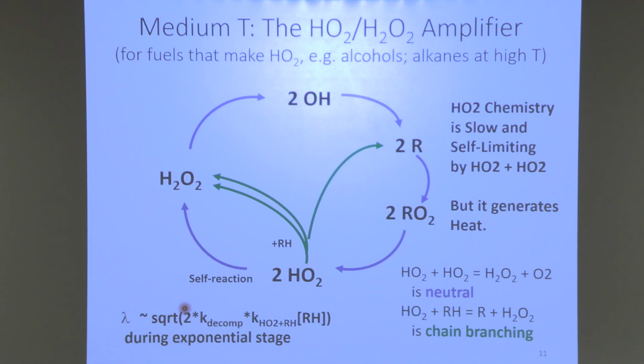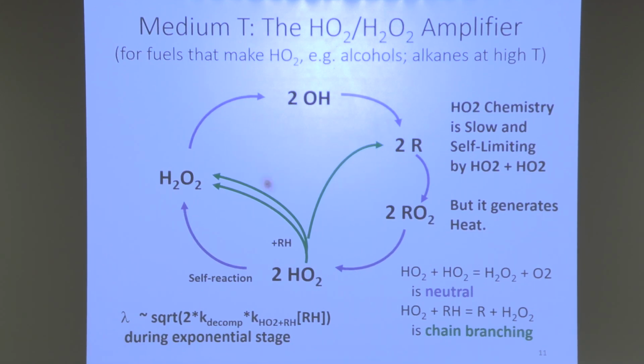And you can write down what the eigenvalue is analytically here, and it turns out that it's a couple of rate coefficients times concentration of fuel, because this is the key, is the HO2 has to react with the fuel. That's the slow step. And that's slow because it's endothermic. HO2 is a very weak radical. It doesn't really want to abstract an H. So it's about 12 kcals per mole endothermic for that reaction to happen.